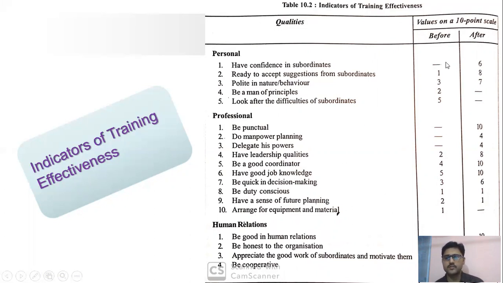Human relation. So what is the before score and what is the after score? If the after score, the score after implementing the training program, increases, then you can understand that your training was worthy, your training was fruitful.